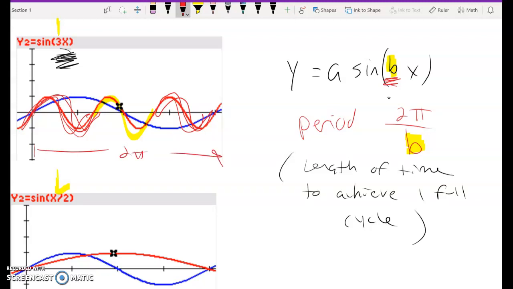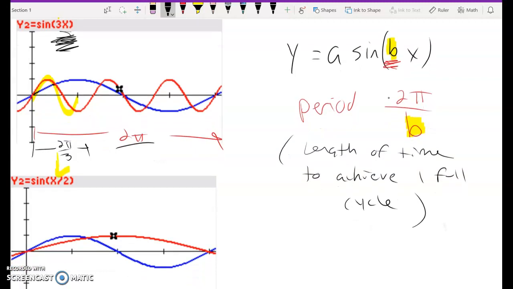And so what that means is the length of time it takes to achieve 1 full cycle for the sine of 3x, here's 1 full cycle, is not 2 pi, but it's a third of 2 pi. Right? So therefore the period for the sine of 3x is not 2 pi or 360 degrees, it's 2 pi over 3, or 120 degrees.